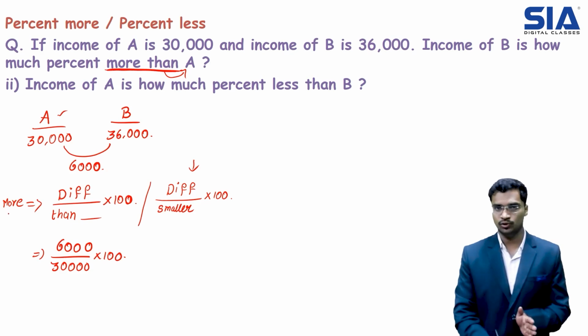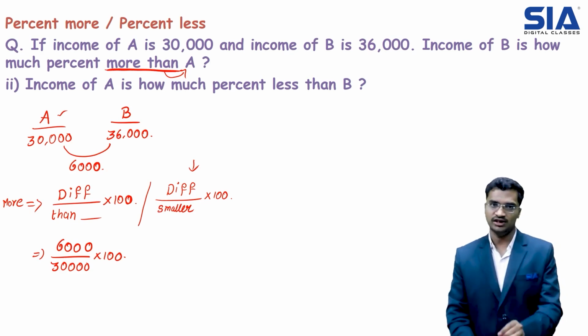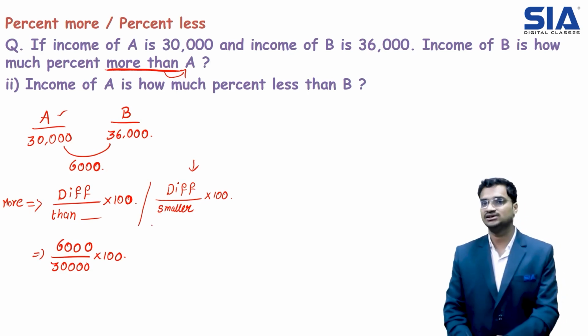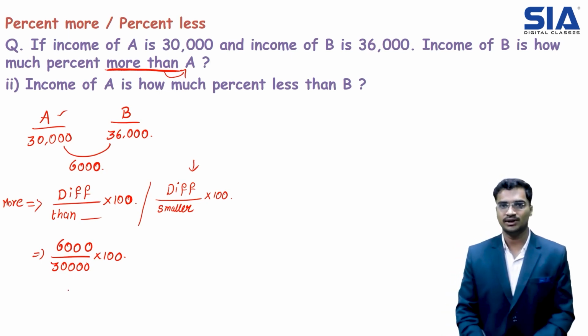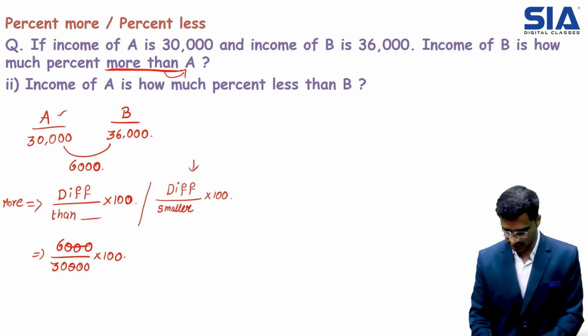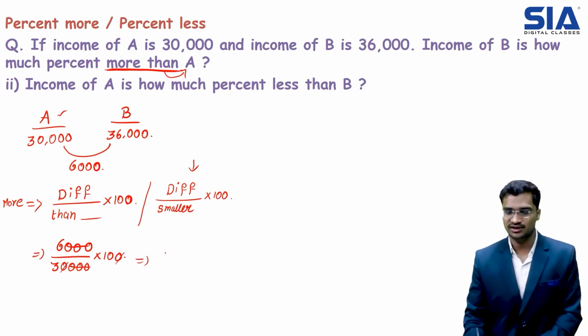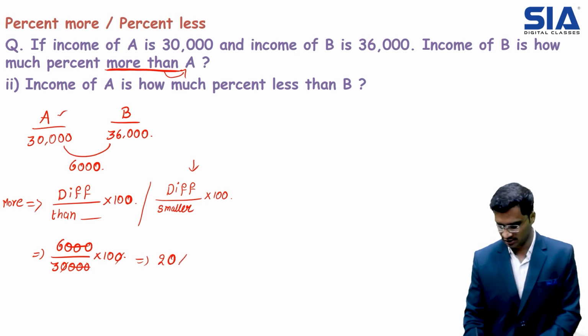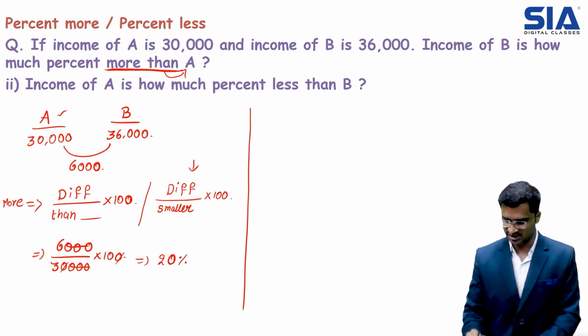Because he is asking more, we go with the smaller value. So 6,000 divided by 30,000 into 100. Three zeros get cancelled, then one 0 gets cancelled. So 60 by 3 is 20%. So our first answer is 20%.